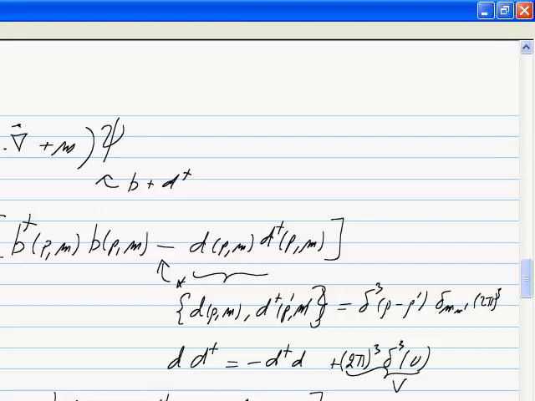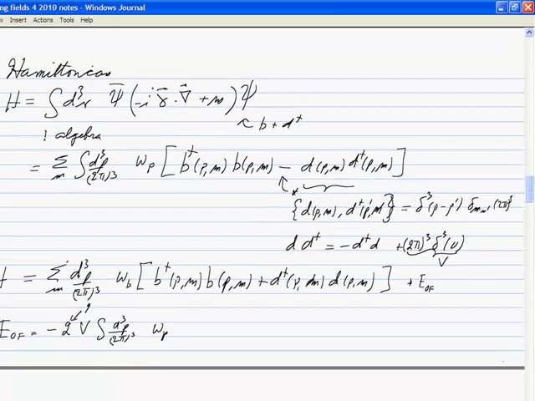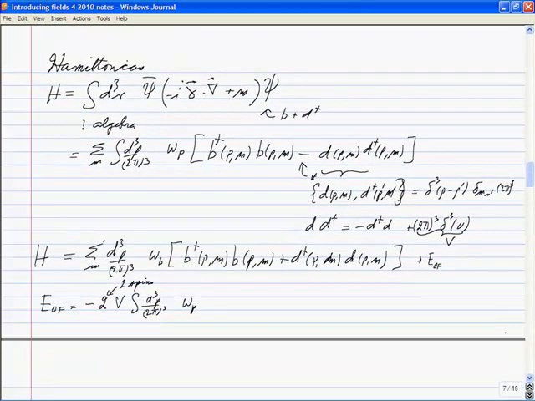There's a sum over m, and each of these 2 spins gives something. The interesting feature is that it's less than 0, whereas the zero-point energy for bosons was greater than 0. That falls out of the formalism uniquely.